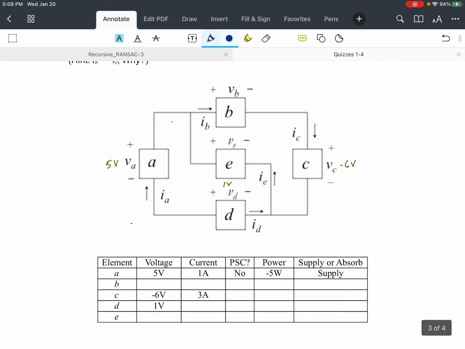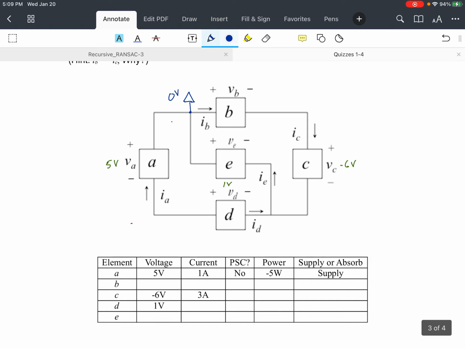So these voltages that we show here in green are just the voltages across a particular element. Where we assign 0 is somewhat arbitrary. So I'm going to pick a location that you maybe didn't pick, just to show you that you should get the same answers. So let's call this 0 volts.